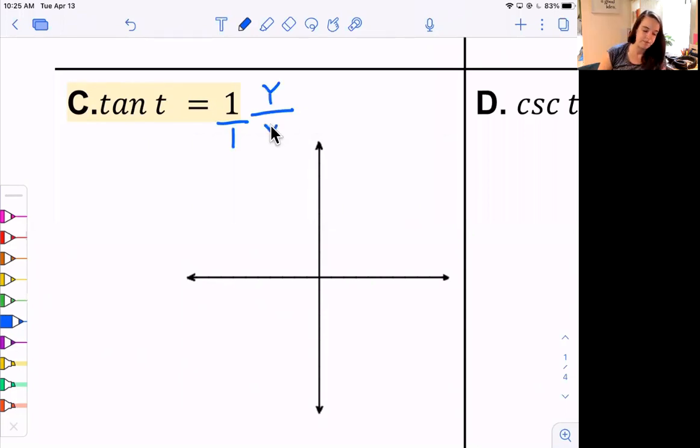Y over X. Okay, remember there are two triangles where this could be. So with tangent, we have a positive Y and a positive X, right? Positive Y, positive X. What quadrant can positive Y, positive X go into? What quadrant?